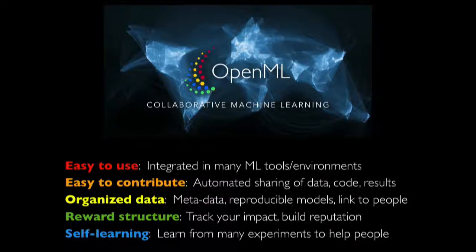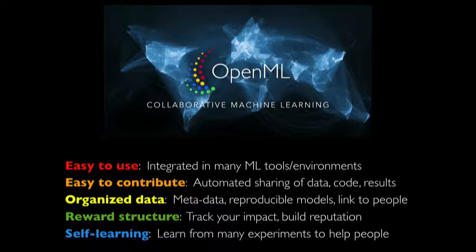It's an open science platform, and to make that work, first of all, we want to make it very easy to use, and that's why we integrated right into R tools. So if you use R, it's very easy to use OpenML. It's very easy to contribute. You can contribute a single data set or a single experiment.